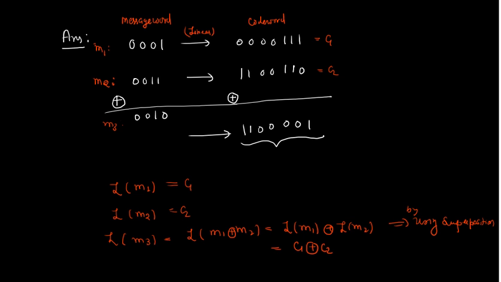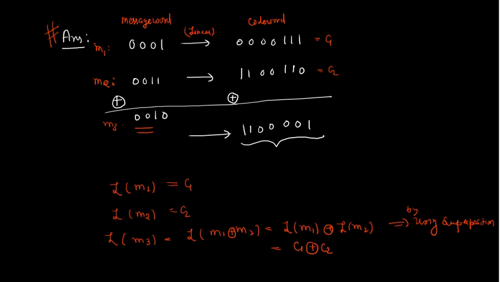What we have just said is that this message M1 is mapped to the code word C1, the message M2 is mapped to the code word C2. And the question has asked what is the corresponding code word of this message M3, right?